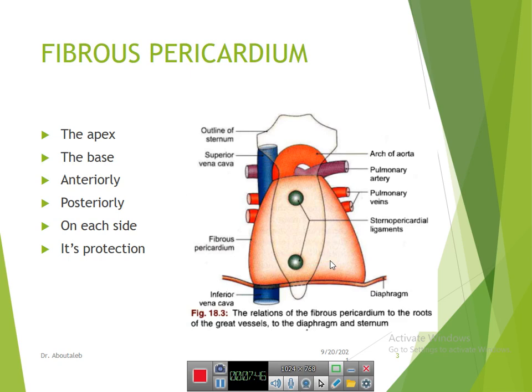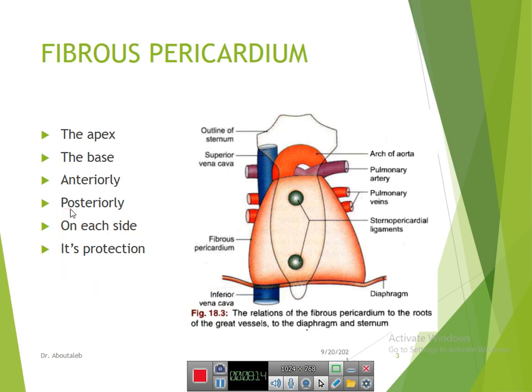Anteriorly, the fibrous pericardium is connected to the upper and lower ends of the body of sternum, as you can see in these pictures, by weak superior and inferior sternopericardial ligaments.